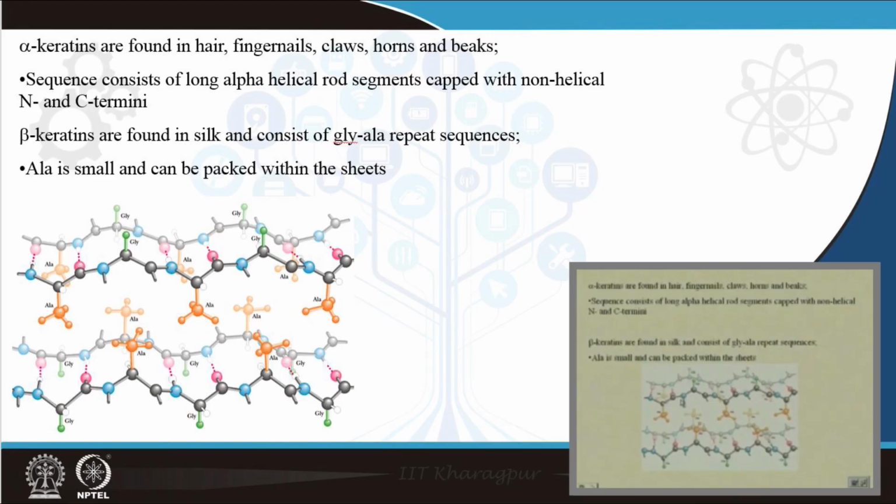The reason being, now that you know the structures of these amino acids, they are small in size and they can be accommodated in the beta sheet structure of beta keratins. Okay, so the alpha keratins are the ones that form the alpha helices, beta keratins are the ones that form these beta sheets that consist of a gly-ala repeat sequence. And in the alpha keratins that are found in hair, what do we see? We see longitudinal parallel alpha helices that give mechanical strength to the fibers that are formed.